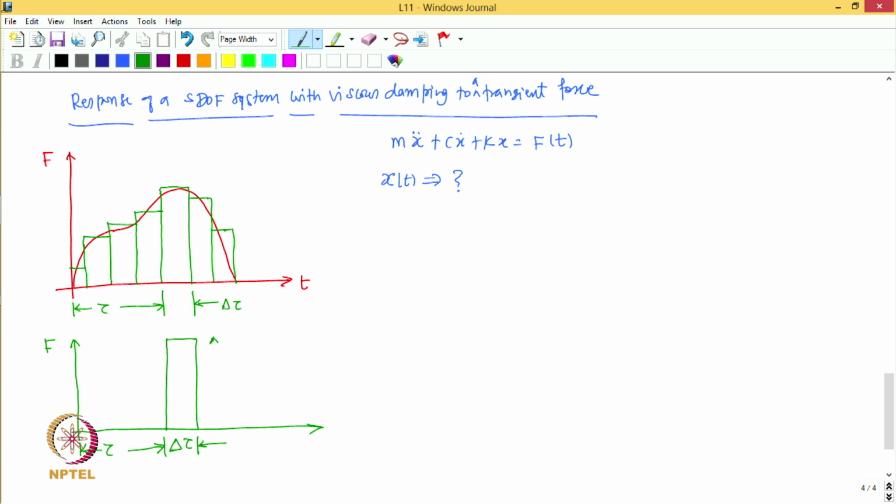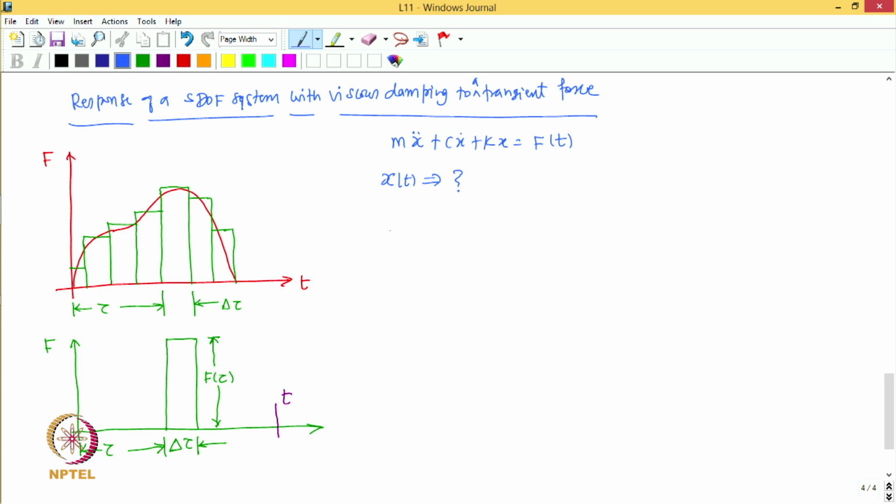So, the height of the force here is f tau, and that is the impulse strength of this pulse. We would like to determine the response at location t. What response does this impulse create at location t?